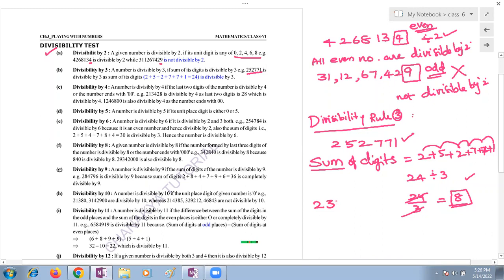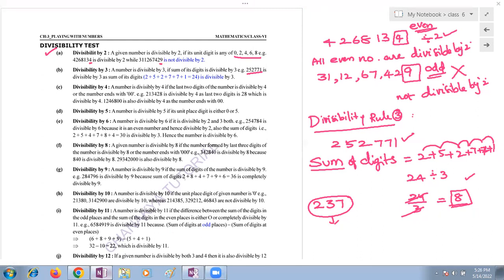Is 2 3 7 divisible by 3 or not? Akshara should answer, please. There are many, we will discuss. Akshara, please. How many of you know? Please raise your hands.